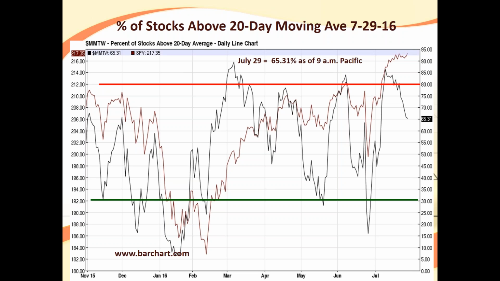The question is, if this line continues to slide, down here towards the 50 level, will that in turn pull down the S&P, or in this case is the reflection of the spiders up here reaching new highs? Will it pull it down, or will the S&P continue just to drive sideways?